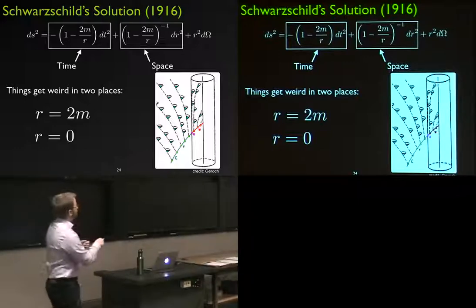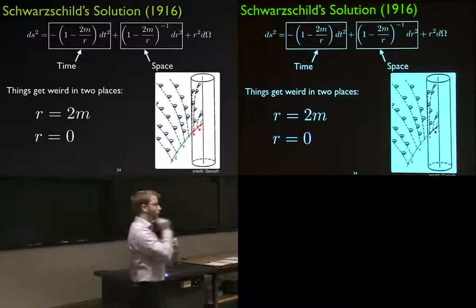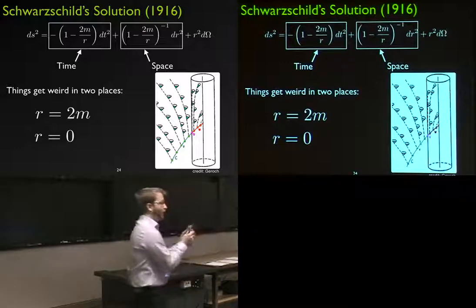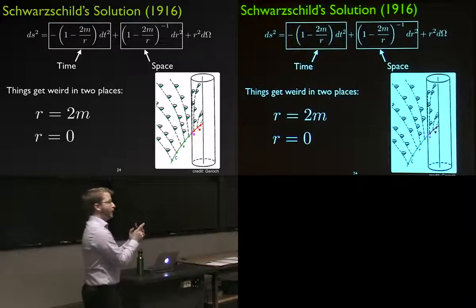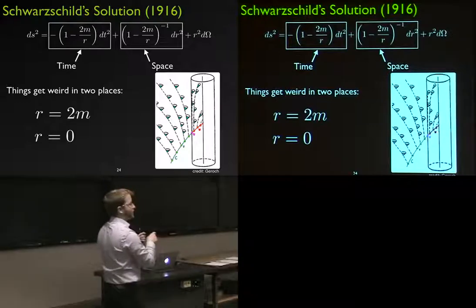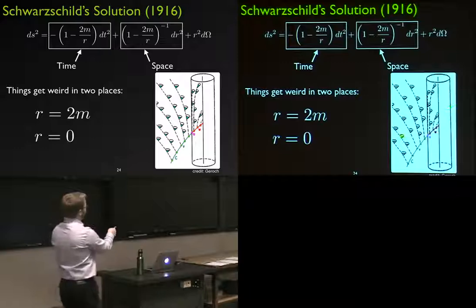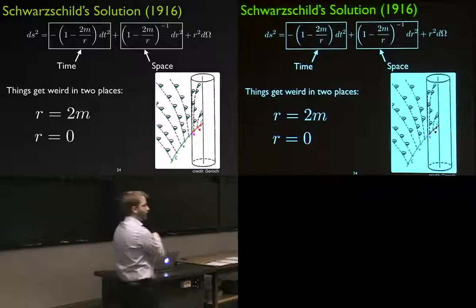As you travel toward this spherical body, once you hit that 2m, that outer radius, notice the light cone is doing a weird thing. That light cone is defining how you can move in time. You can't move faster than the speed of light, so you can't move left or right faster than the speed of light. That's what's making that cone. Once you go past that horizon, once you go past r equals 2m, those light cones tip toward the center of the black hole.